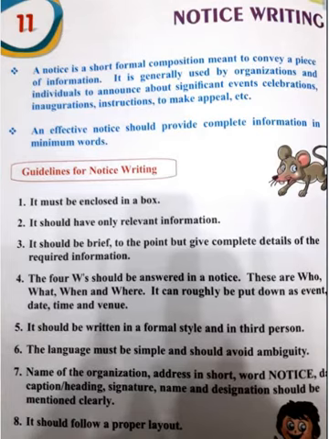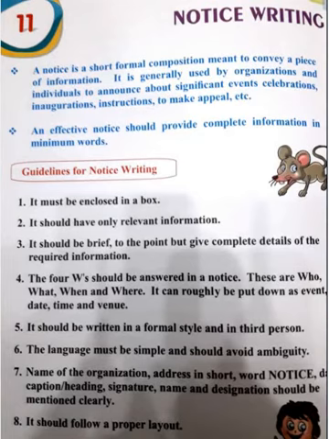The language must be simple and should avoid ambiguity. Whatever you are writing about, the language should be very simple and should avoid confusion. You are not supposed to create confusion among the public or people. Then the name of the organization, address in a short word, notice, date, caption, heading, signature, name and designation should be mentioned clearly.